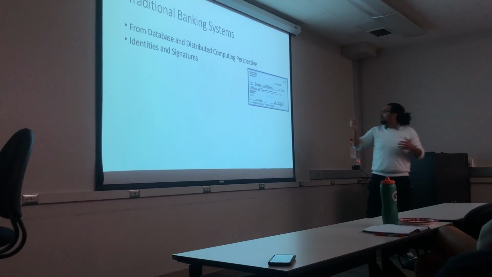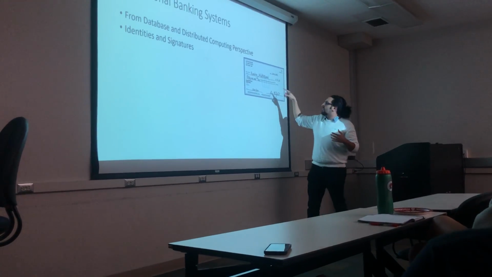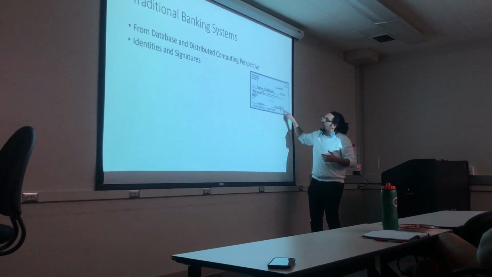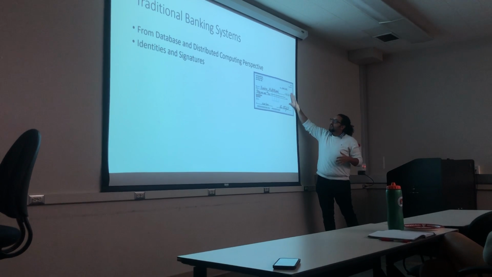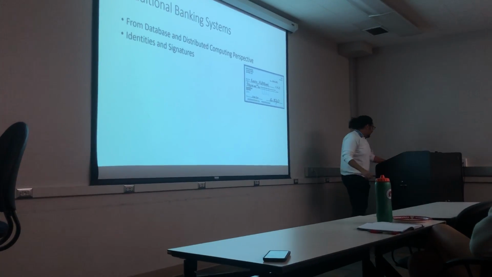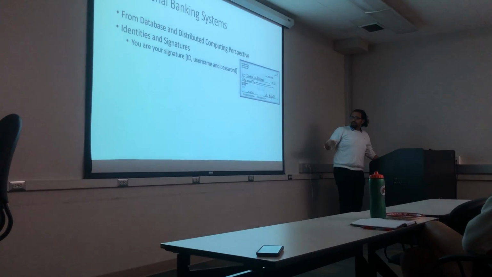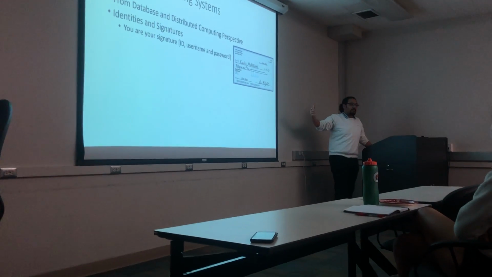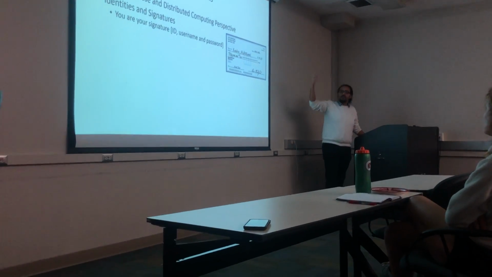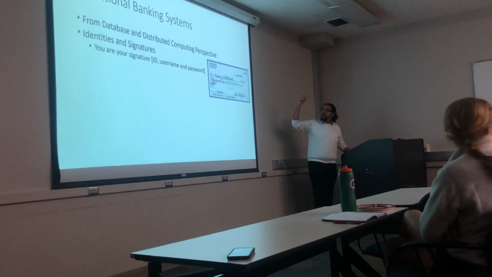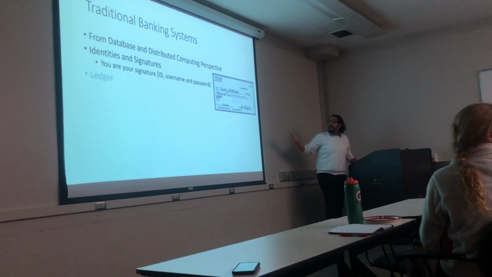I'm writing a check, so the check says that this comes from me, and I'm going to sign here to ensure that this is me. You can think of your signature as your password, and your identity as your username. If you have an account, your username is your identity, and your signature is the password.